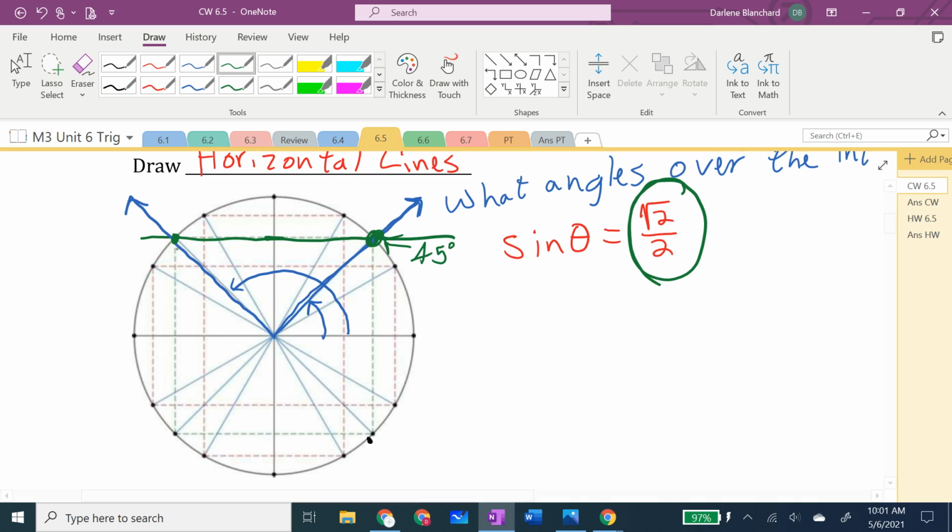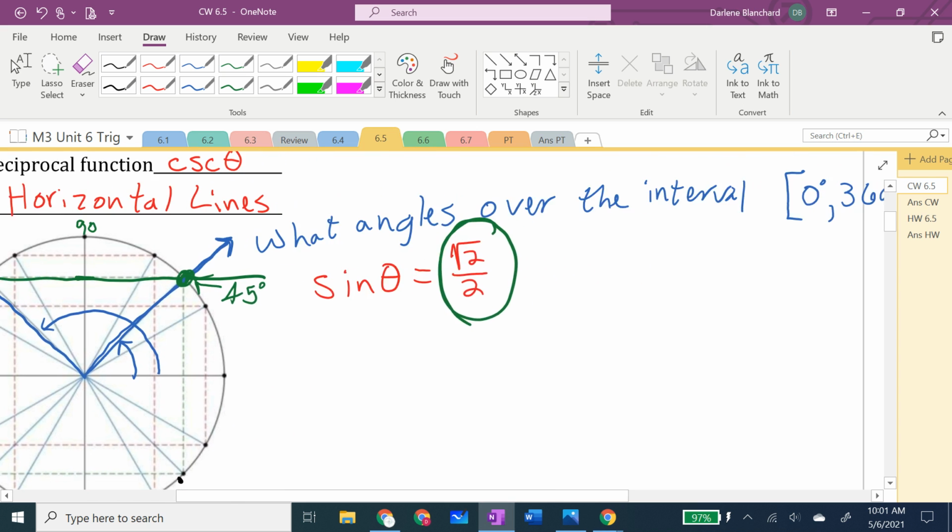So 45-degree angle, and then this one is halfway through quadrant 2, so what angle would that be? And you can go ahead and use a calculator. 90 plus 45.